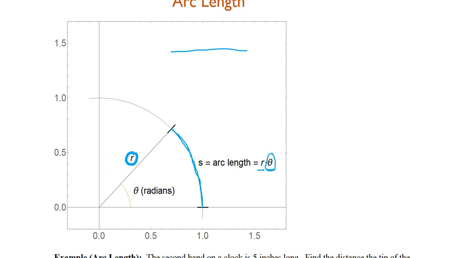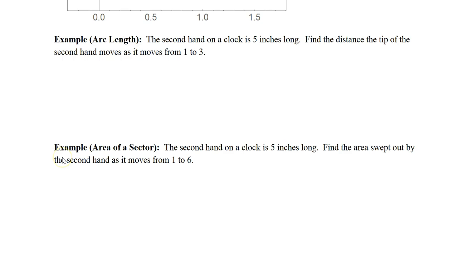So for example, suppose that the second hand of a clock is 5 inches long. Let's find the distance that the tip of the second hand moves as it moves from the 1 to the 3 position on the clock.